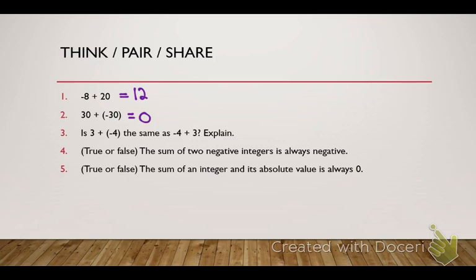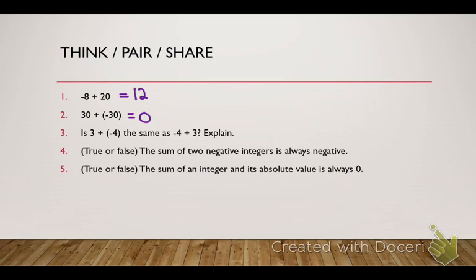All right, so 3 plus negative 4 is the same thing as negative 4 plus 3. Agreed or no? No. Yes. No. Okay, so let me ask you this. Is 3 positive in both expressions? Yes. Is 4 negative in both expressions? Yes. So it is the same thing. And the property here, okay, so I thought this was going to be a review.